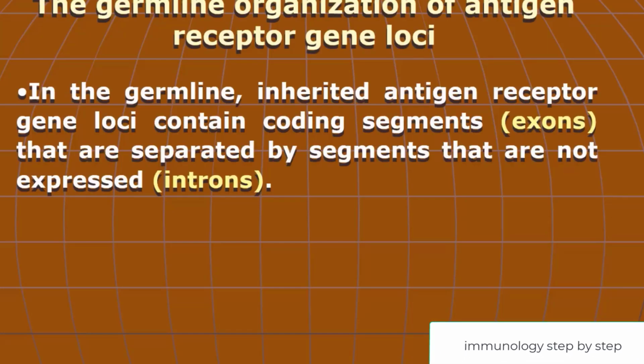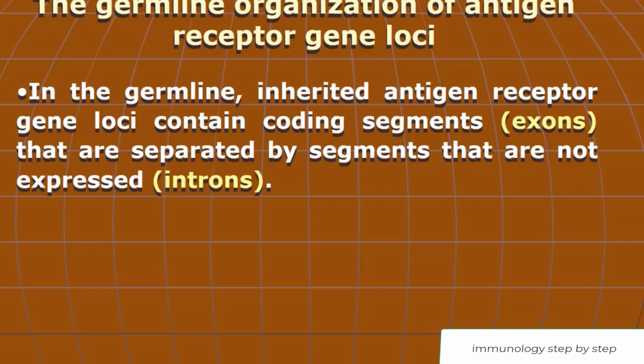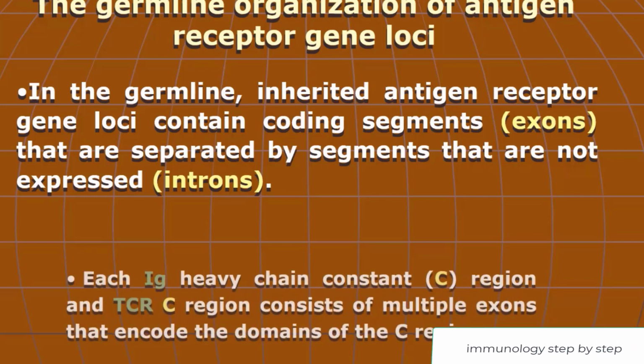Production of diversity. In general, the germline organization of antigen receptor gene loci: the inherited germline antigen receptor gene loci contain coding segments, exons, that are separated by segments that are not expressed, introns.